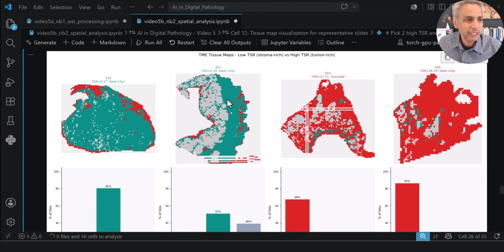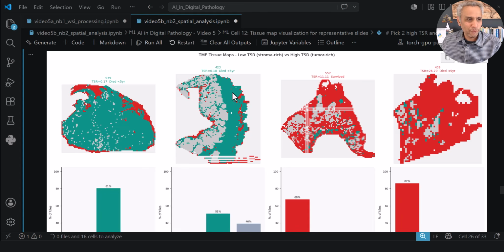They're predominantly greenish or teal with a red border, some red tiles at the tissue margins. And on the other side, cases 557 and 439 have TSR values of 11.11 and 26.79. They're predominantly red, with a thin occasional stromal rim.